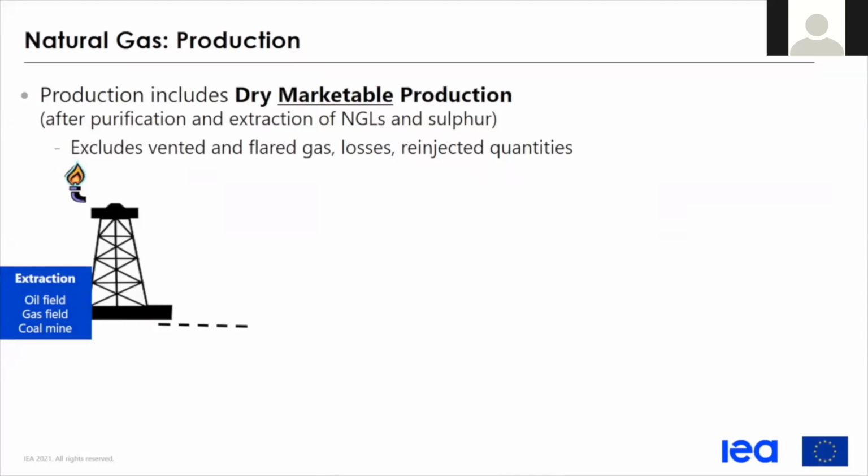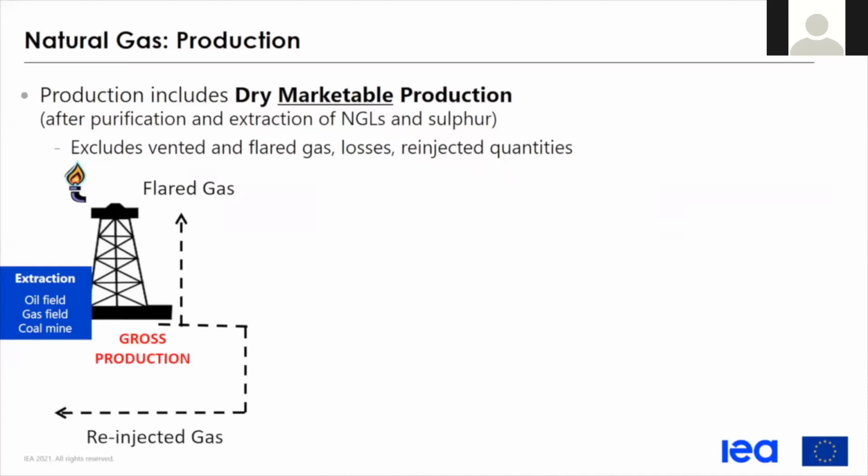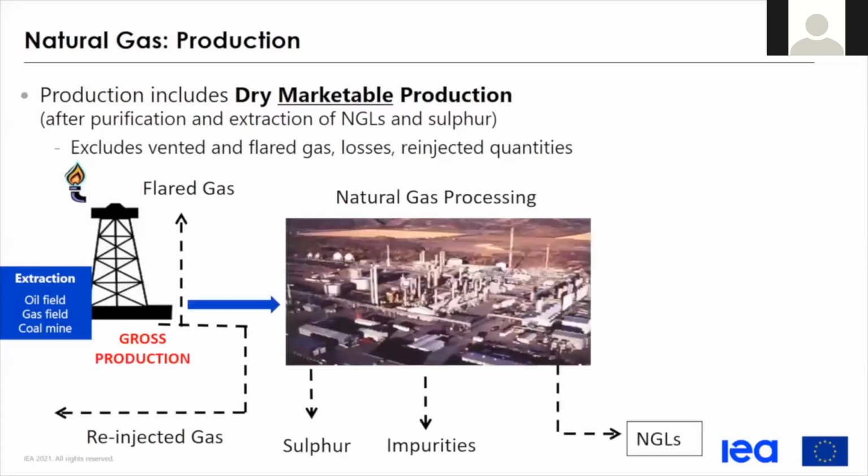So we have here an extraction point. It can be an oil field, a gas field, a coal mine, and from it we have the gross production. Part of this gross production will be flared, as I told you, or re-injected, and then the rest goes through the natural gas processing, in which we extract the impurities, so sulfur and other elements, and also natural gas liquids, NGLs, that will be found later in our oil statistics.